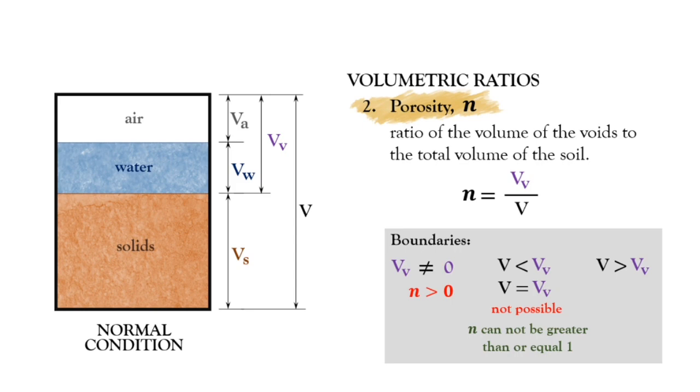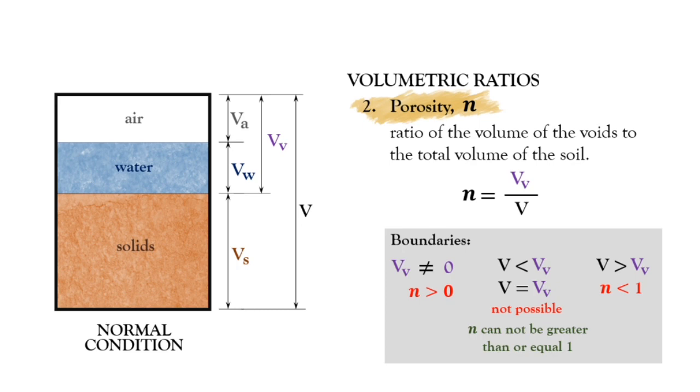Kaya V or the total volume is greater than the total volume of the voids is possible. Kaya we can assume na N must be less than 1. Yun lagi yung makukuha natin kasi imagine mo mas malaki yung denominator natin na total volume compare sa numerator. So ang kalalabasan lang ng value ng N natin is less than 1.